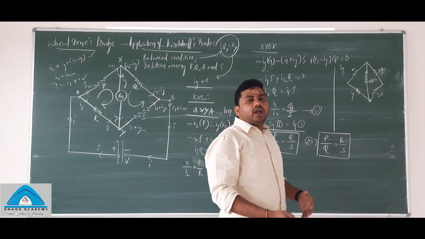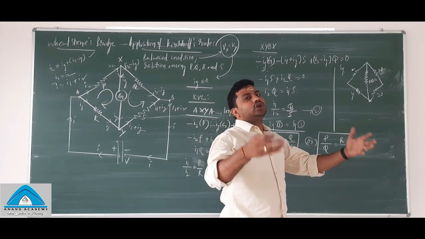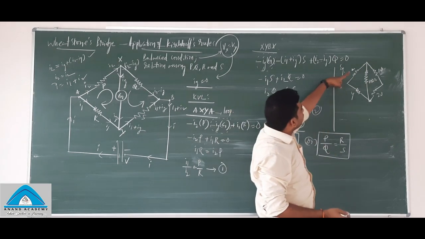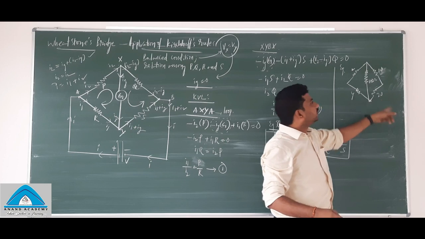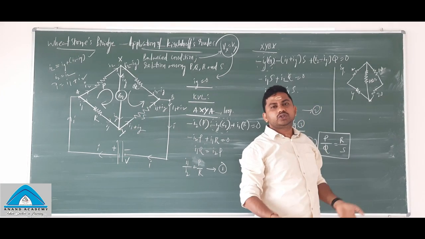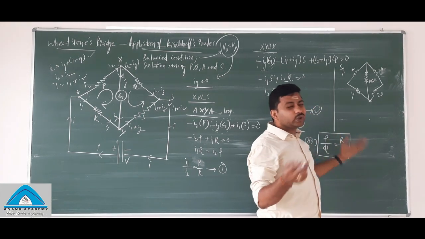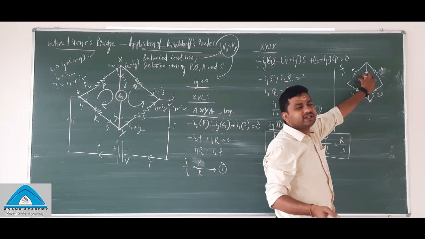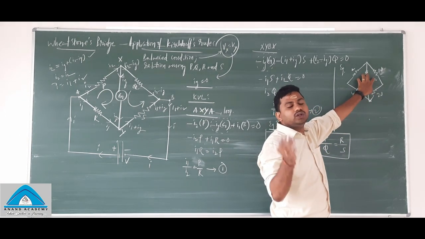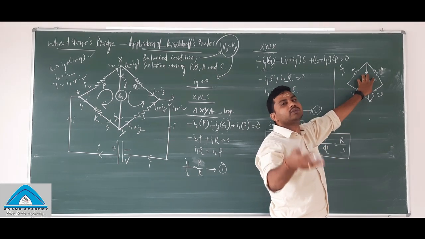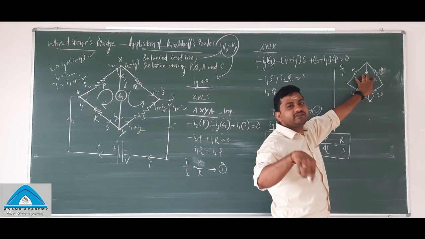So we need to check first whether it is a Wheatstone balanced condition or not. 2 by 4, the ratio is 1 by 2. 10 by 20, the ratio is 1 by 2. So now you can say that the 100 ohm resistor can be eliminated because no current will pass through that. When no current will pass through that, we will not be counting it in effective resistance.